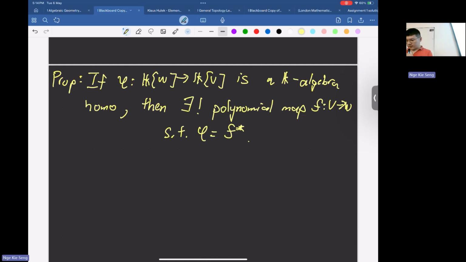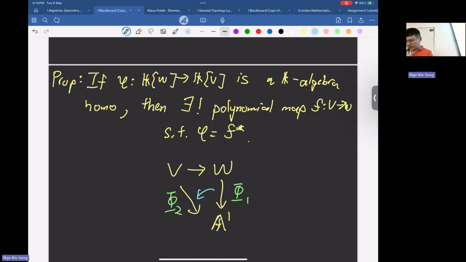In this case we have V to W, and V going to A1 also. And then I tell you that I know how to go between, let's say this one is V1 and this one is V2, these two maps. Then I actually can cook up this F, and there's a unique one.